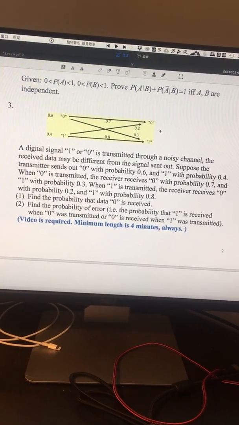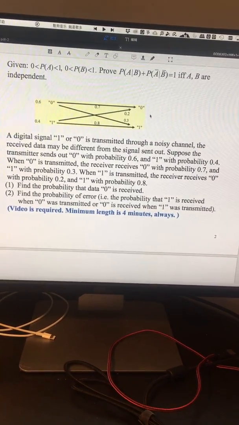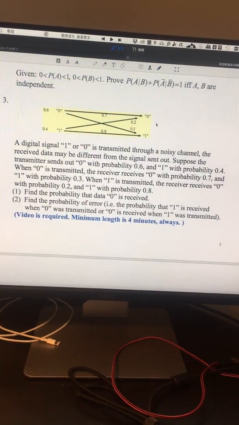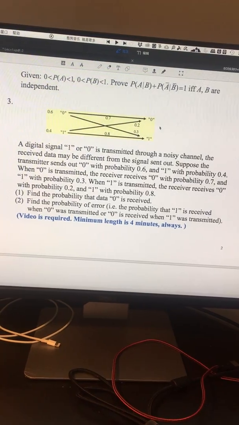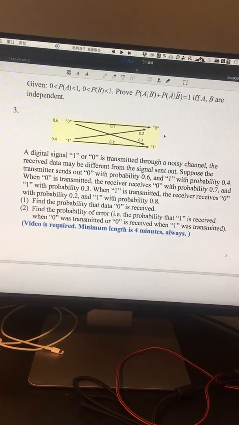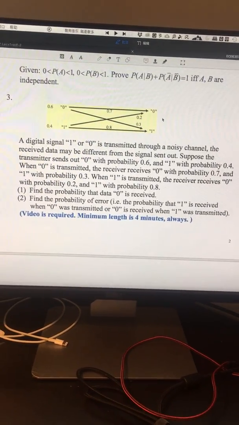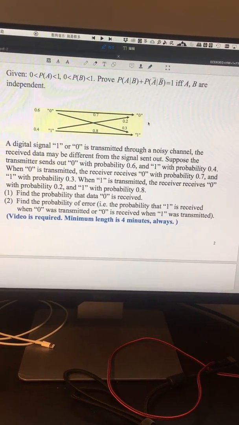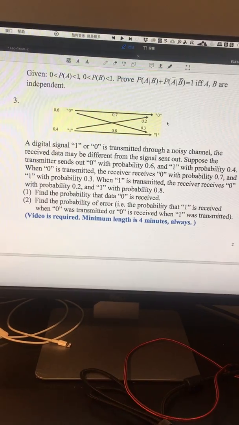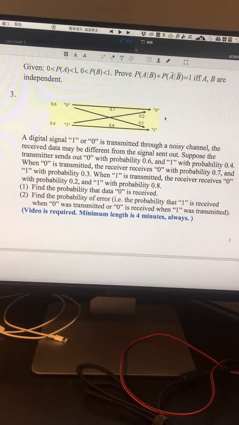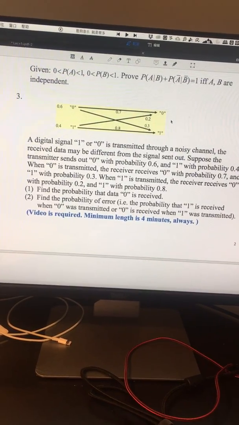When 0 is transmitted, the receiver receives 0 with probability 0.7 and 1 with probability 0.3. When 1 is transmitted, the receiver receives 0 with probability 0.2 and 1 with probability 0.8.